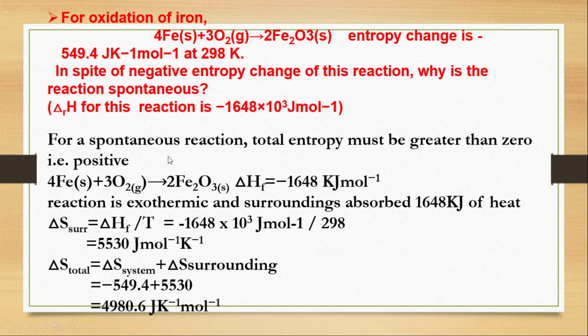We have a problem: iron is reacting with oxygen and forming Fe2O3. An entropy change is observed, and that entropy change is minus 549.4 joule per Kelvin per mole at 298 Kelvin. In spite of the negative entropy of this reaction, why is the reaction spontaneous?